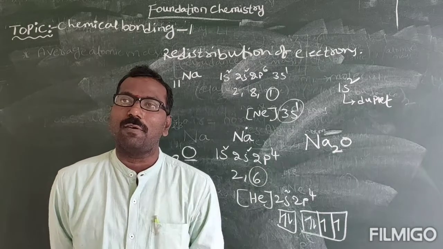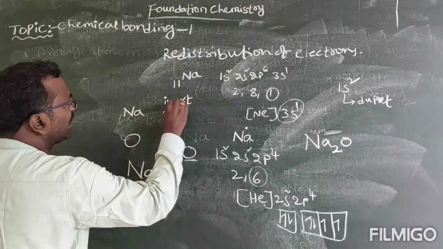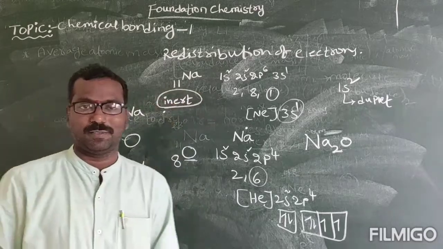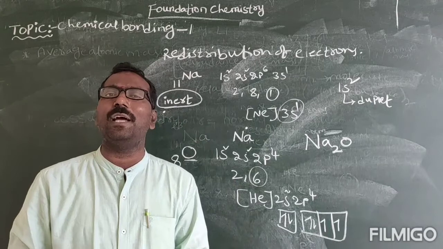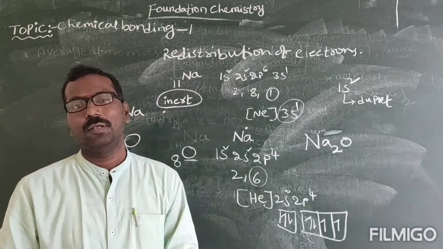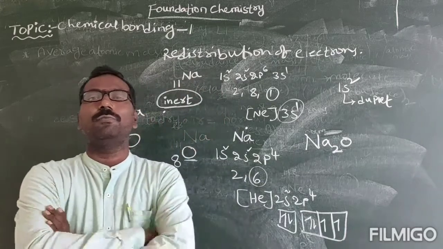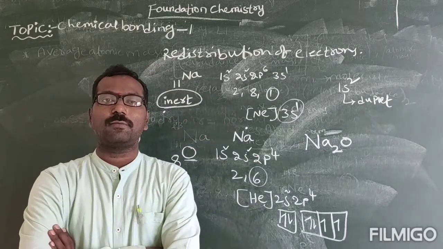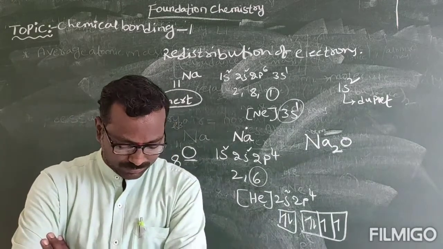So inert gases, why that name? They do not participate with the others, they don't form bonds. Why? Already they have 8 electrons, they are stable. So that's why they never participate in bond formation, and are called inert gases or stable gases.